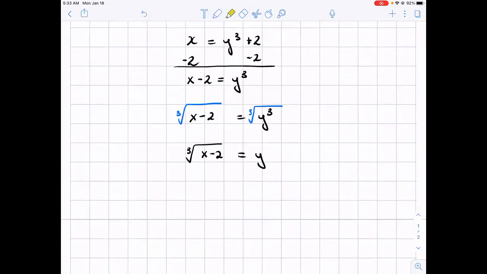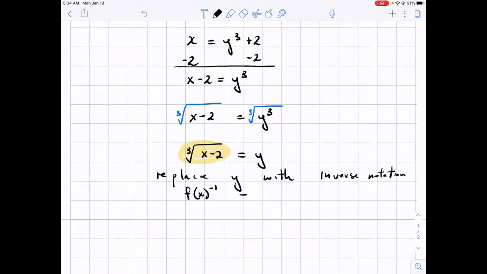And this is my inverse, okay? So we can replace y with inverse notation. So we have f of x inverse is equal to the cube root of x minus 2.